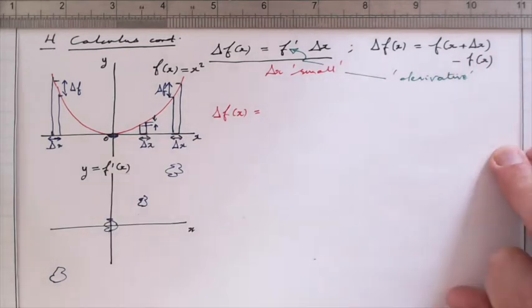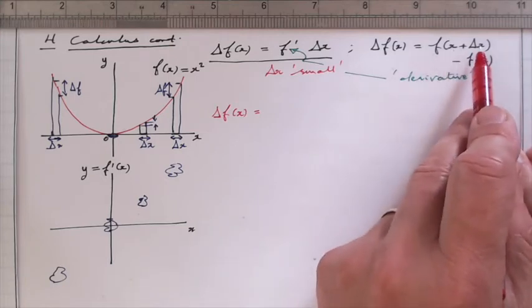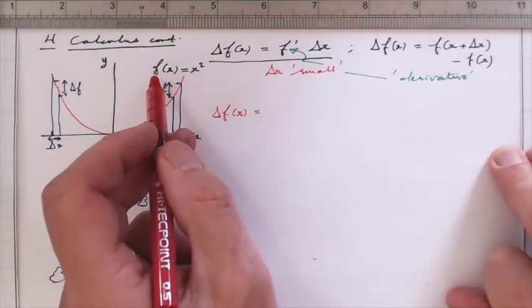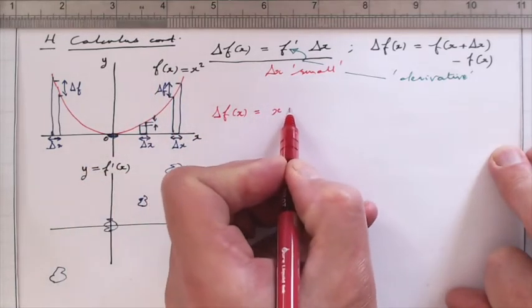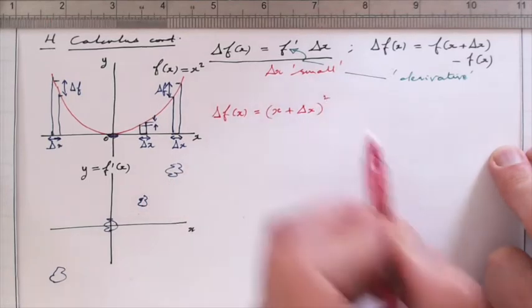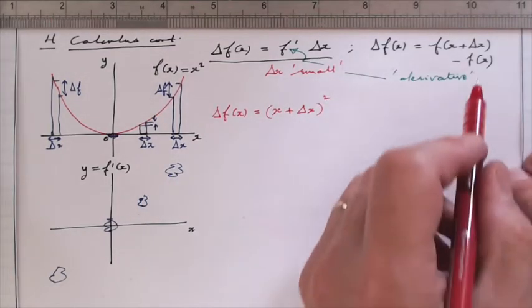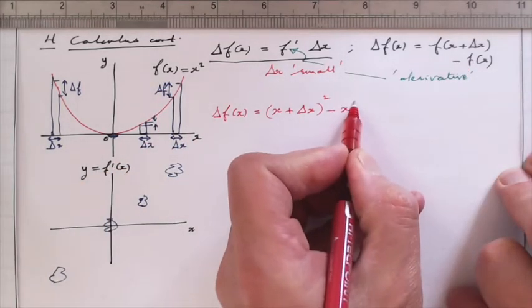We have to remember our f of apple stuff here from the functions tutorials, not to get confused about arguments of functions. So this is f of apple, where apple is x plus delta x, and the function f of apple is apple squared. So we simply have x plus delta x all squared. And then we take from that just f of x, which is x squared. Okay, that's straightforward.